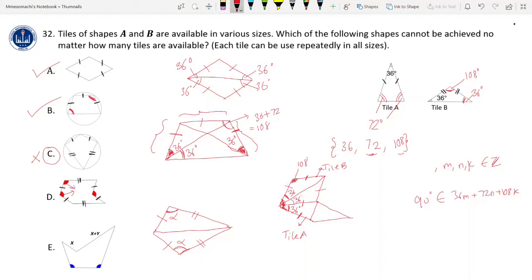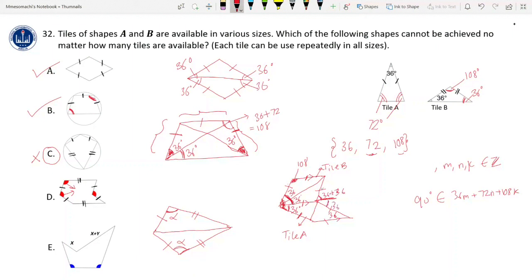Okay, and we see that since these are rhombuses, this line is parallel to this line. This line is parallel to this line, and we can get this angle here. This angle will be 36 plus 36, from this rhombus, and then this other angle here will just be 36.